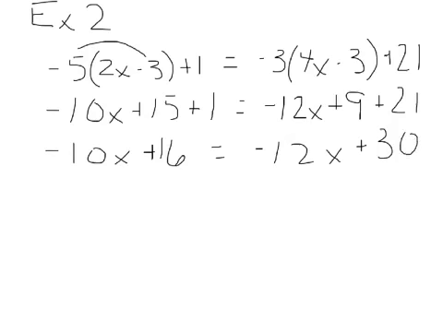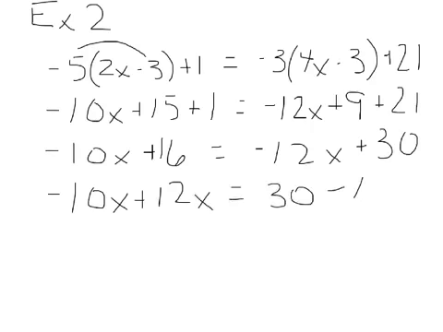Now again, I bring all my variables to one side and all of my constants to another side. So here on the left, I now have -10x plus 12x is equal to 30 minus 16. I have 2x, -10 plus 12 leaves me with 2x. 30 minus 16 is 14.